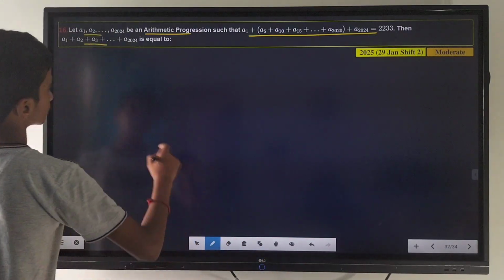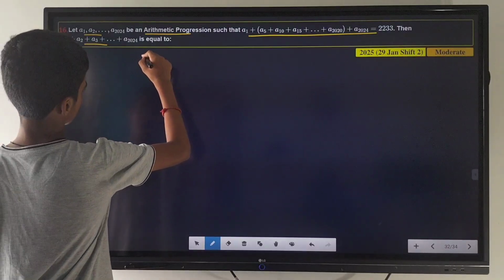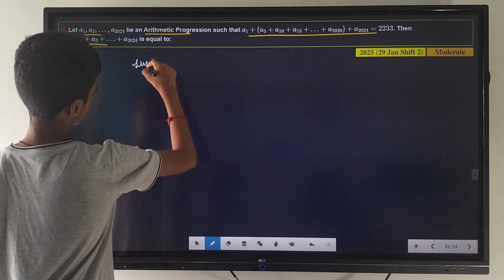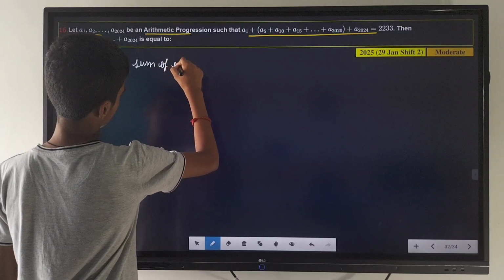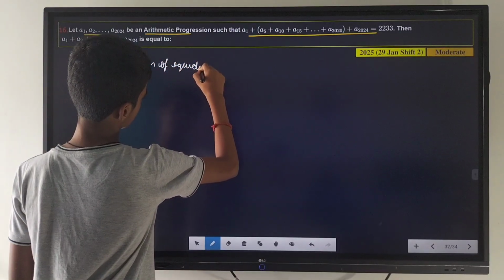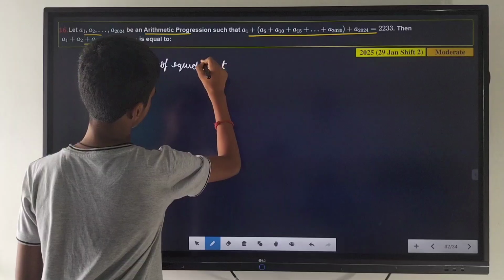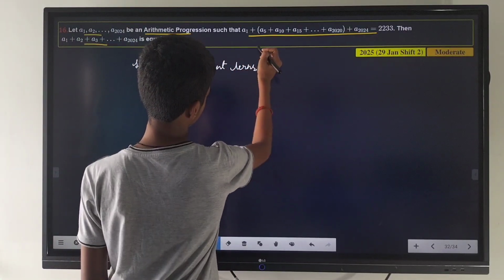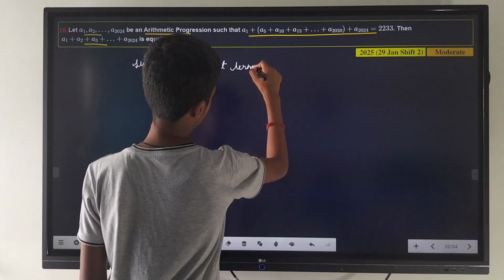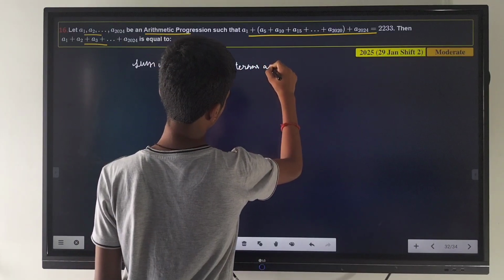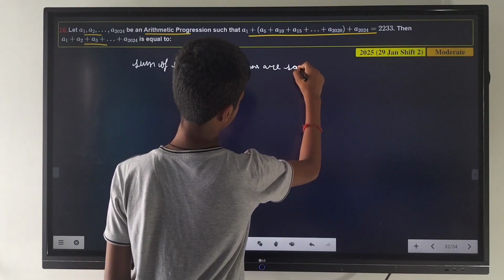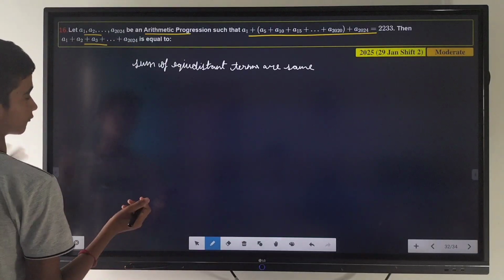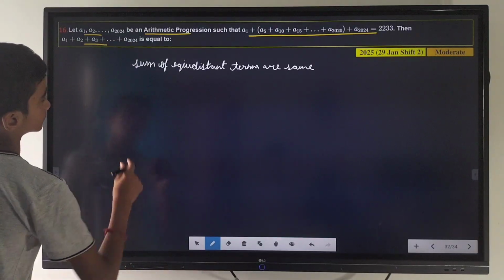Now in arithmetic progression, the sum of equidistant terms is the same. Equidistant from the left and from the right.